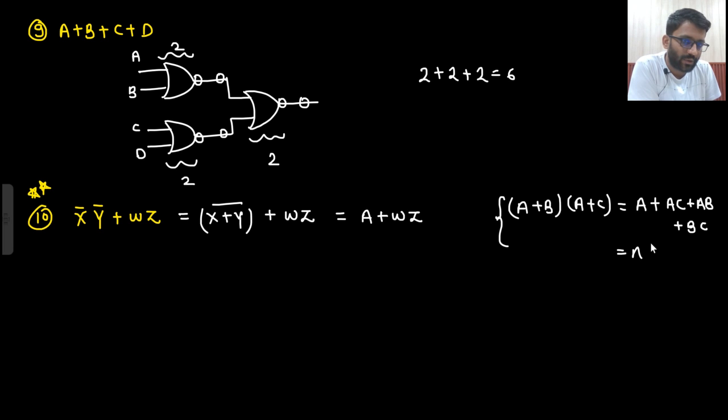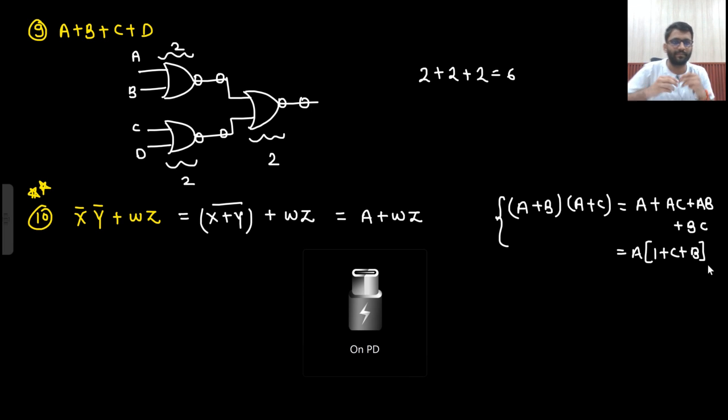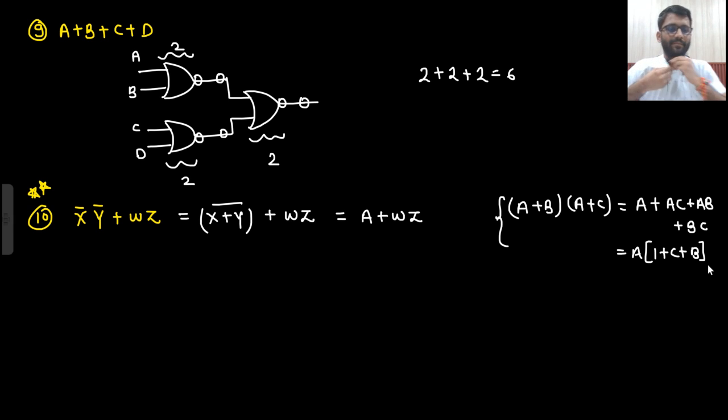From here I can take A as common. So A into 1 plus C plus B plus BC. So what you are getting? A plus BC. Right?